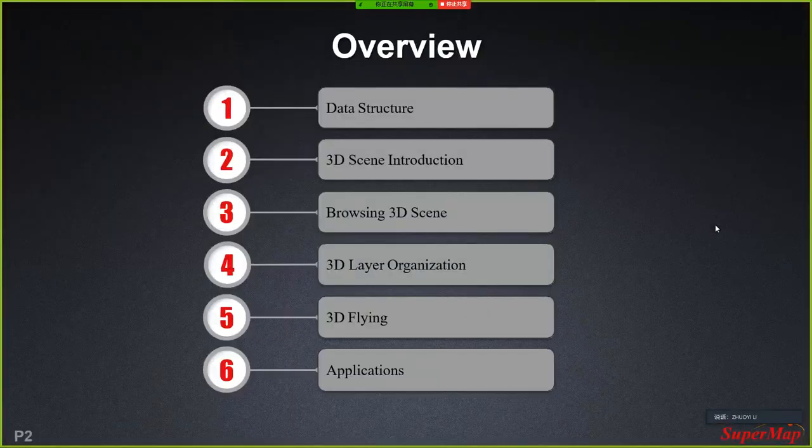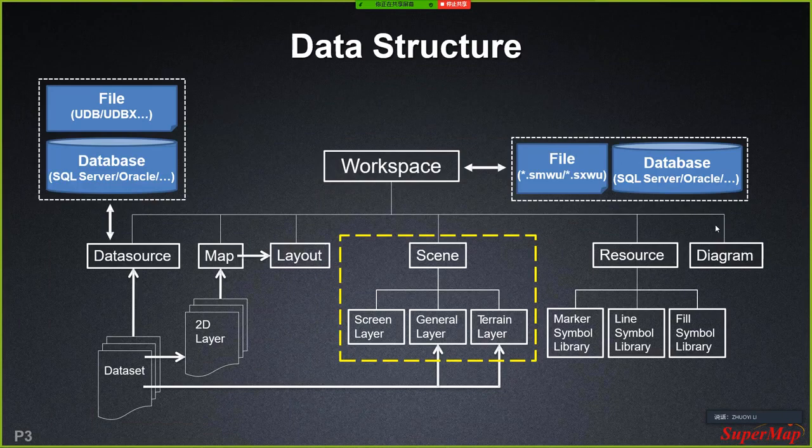So, that's our content. Did everyone remember the data structure of our software? It is a tree-like structure, and the workspace corresponds to the root node, and it includes the data source, map, layout, and scene.